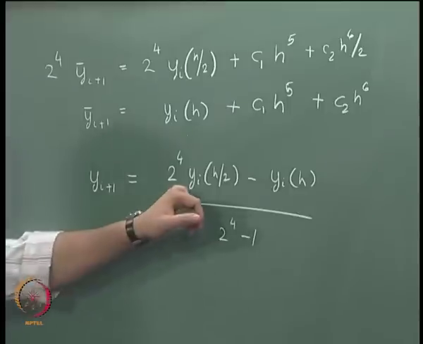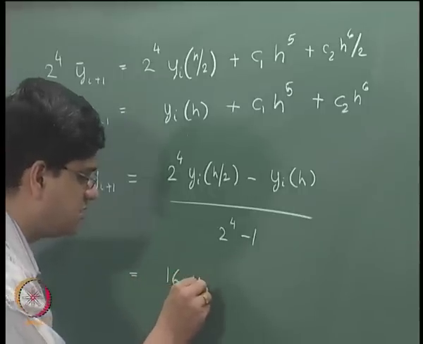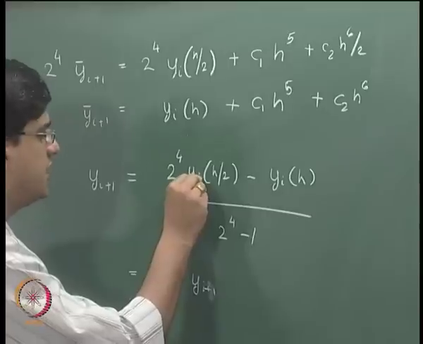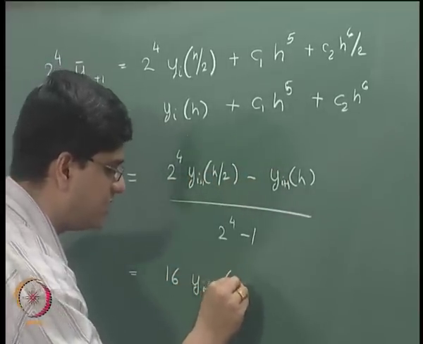Okay. We can write this as 16 times yi plus 1 at h by 2.